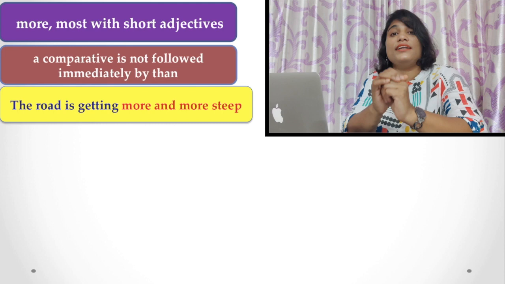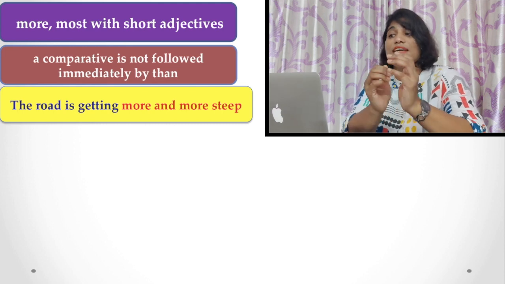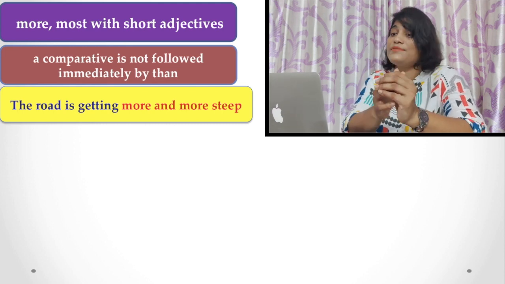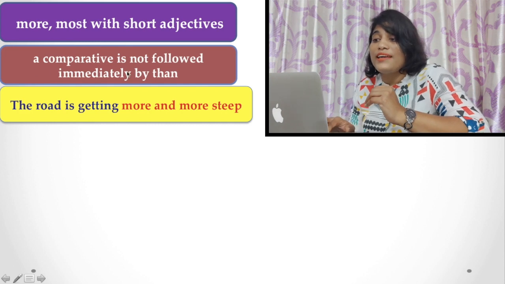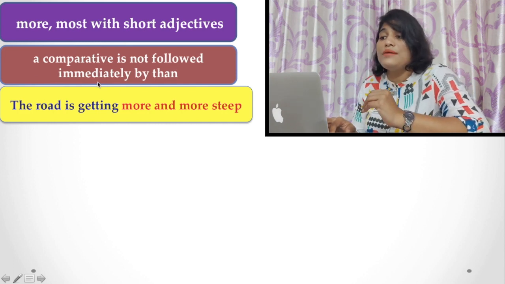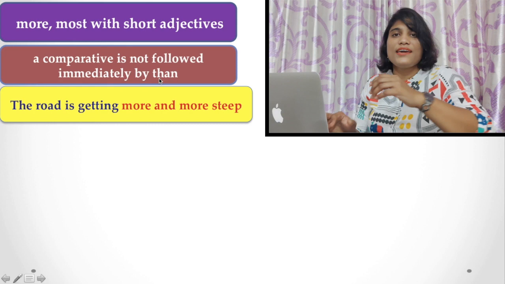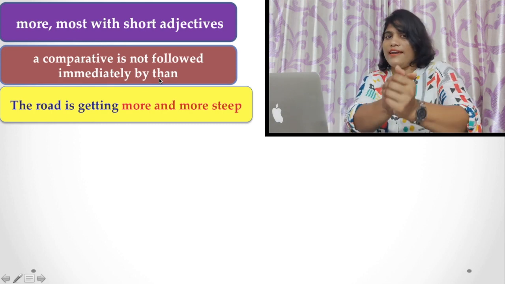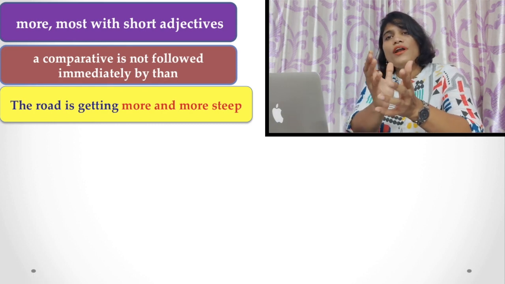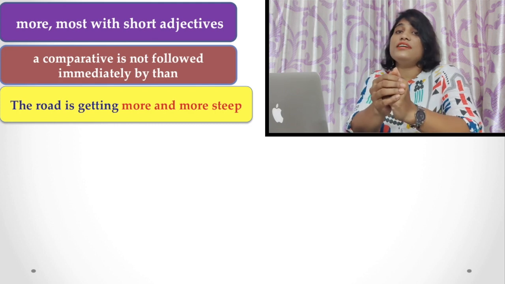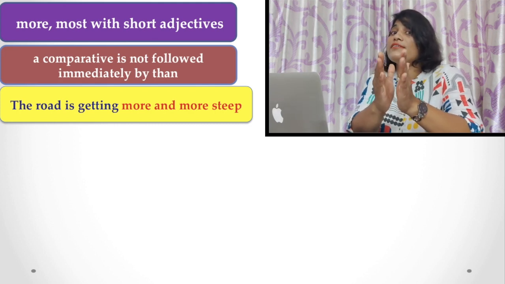These are the exceptions. In which cases are they used with short adjectives? That is, when a comparative is not followed immediately by than. If you do not use than, then more and most may be used in case of shorter adjectives.